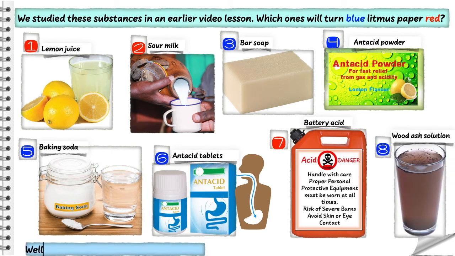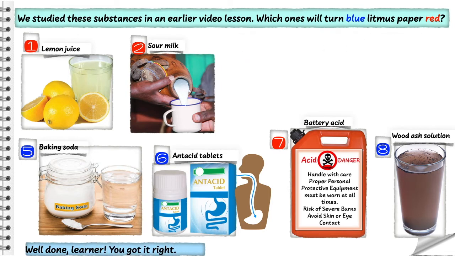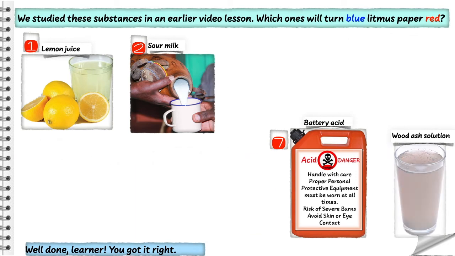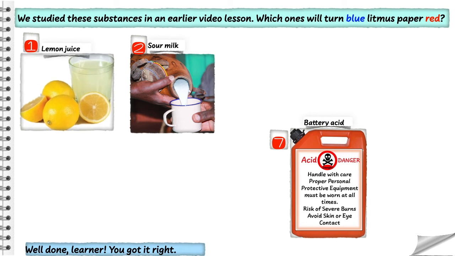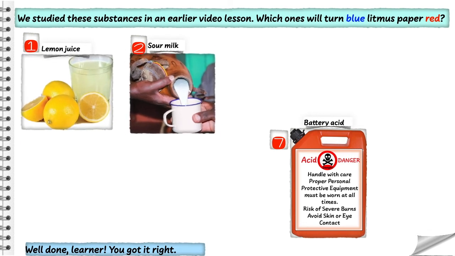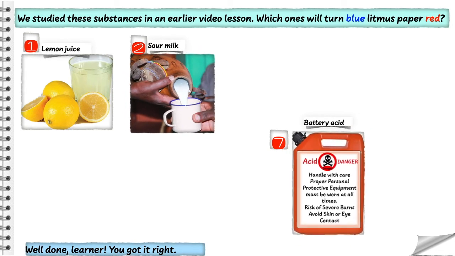Well done, learner, you got it right. The substances that will turn blue litmus paper red are the acids. They are as follows: 1. Lemon juice, 2. Sour milk, and 3. Battery acid.